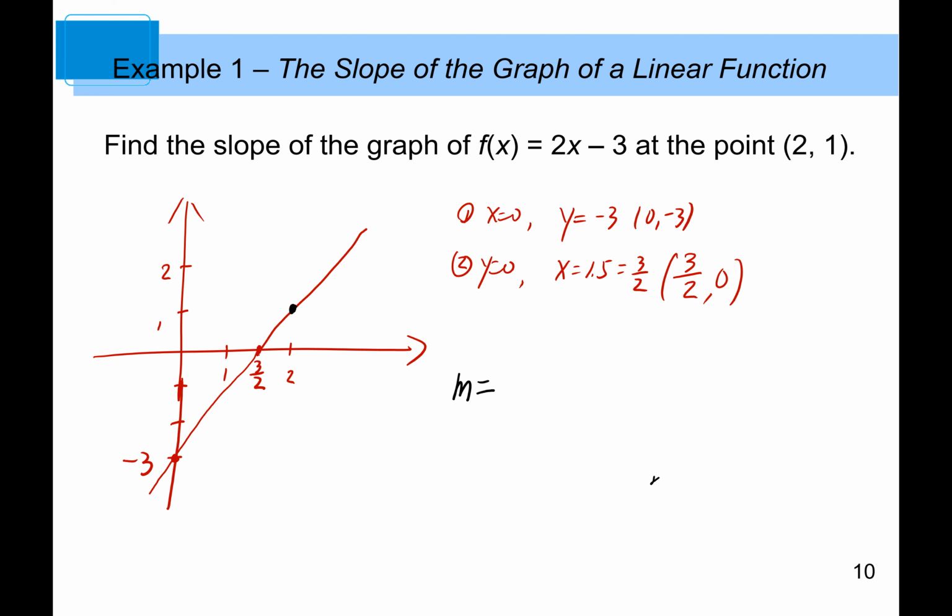slope equal to slope of tangent line equals limit when delta x approaches 0, f of c plus delta x minus f of c over delta x. In this case, c equals 2.